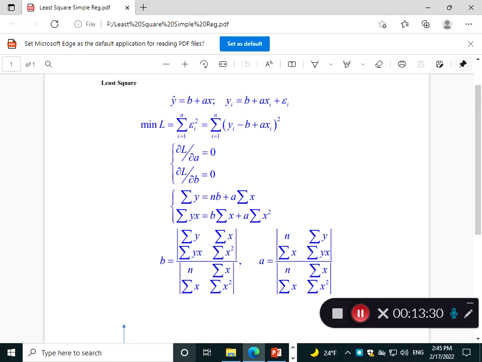When I move the slope too far down, all the error term will be what? Positive error, positive error, positive error, positive error. There's no negative error to balance it out. But if I move this slope too far up, it's all negative error.